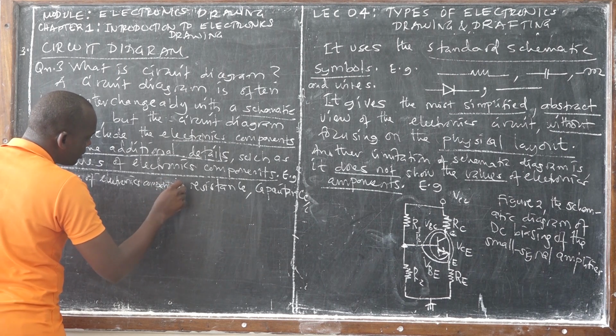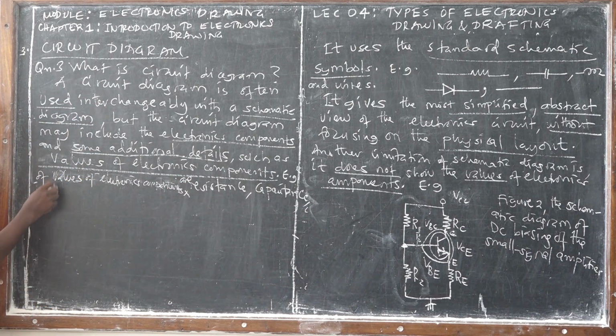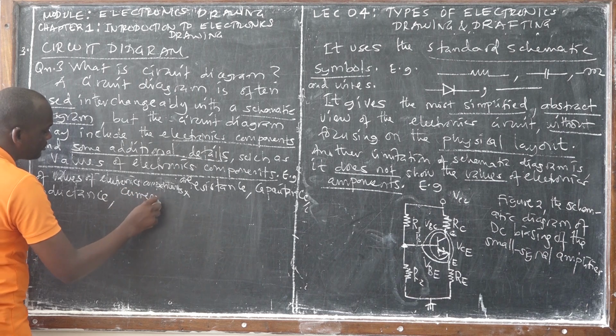Another example is inductance. Another example for values of electronics components is ampere. We don't have an electric property called ampere, we call it current.